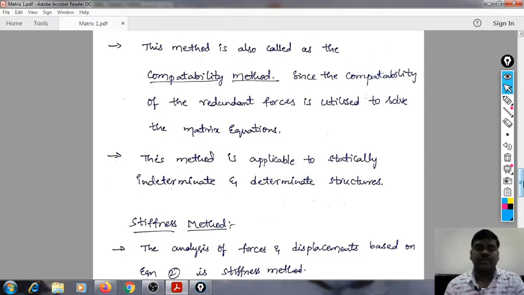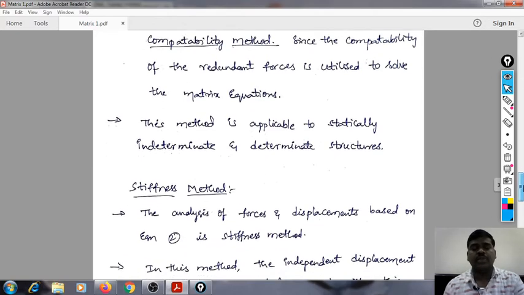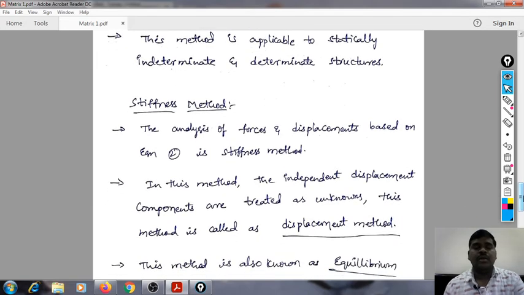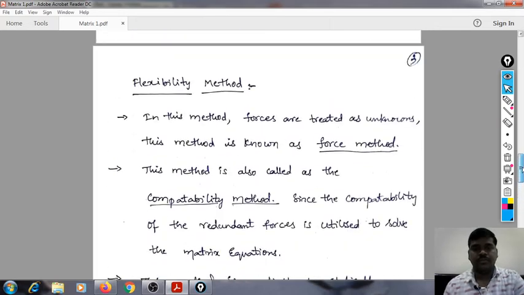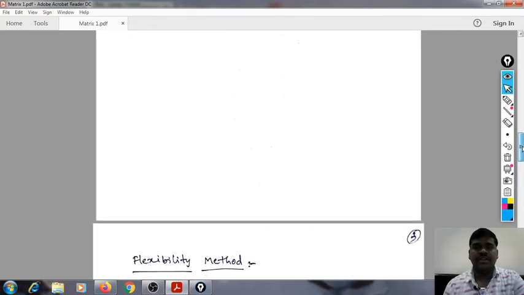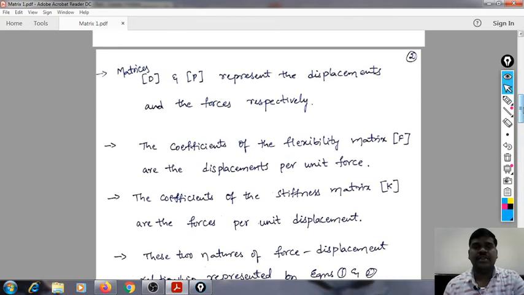So this is well known to everyone. And coming to the stiffness method, the analysis of forces and displacement based on equation 2 is called the stiffness method. This is equation 2 which is written on the first page.